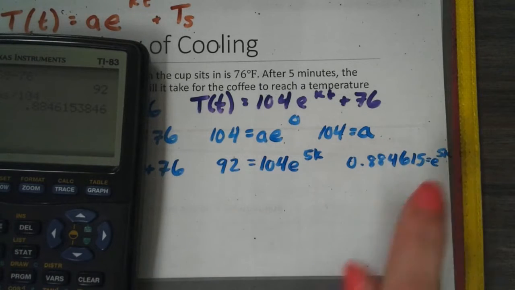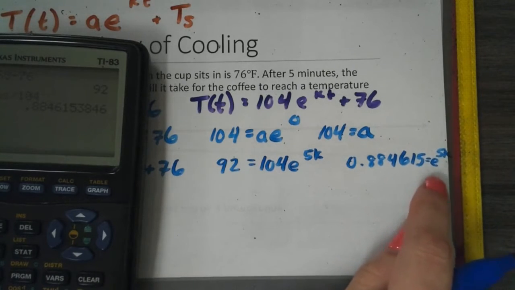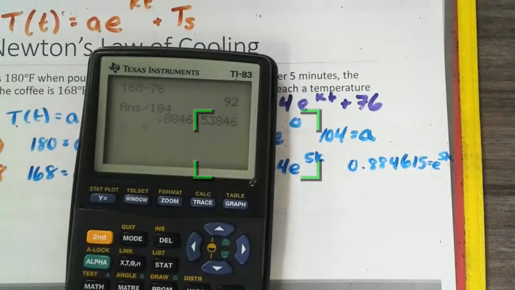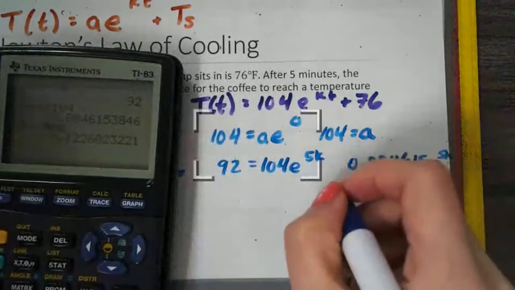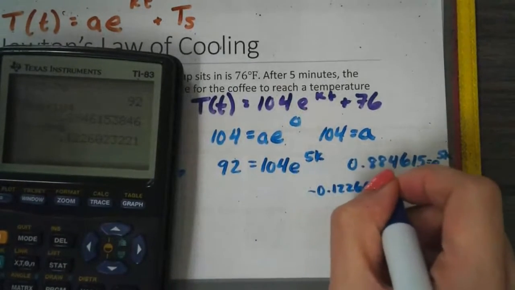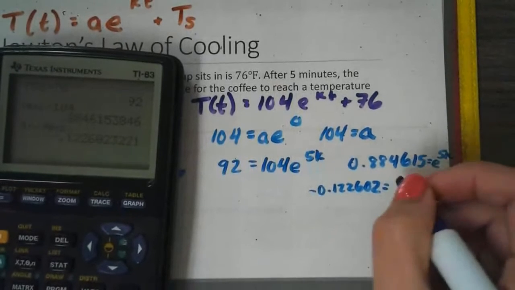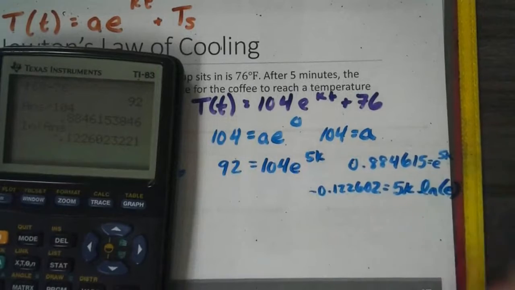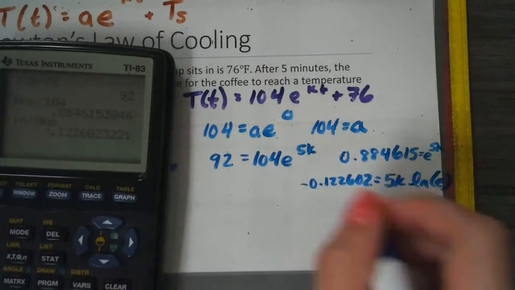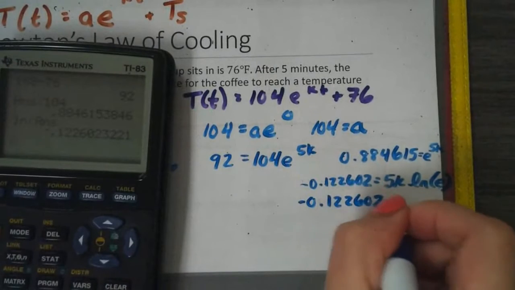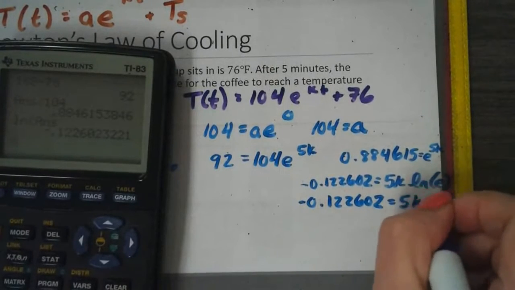If I take the log of both sides, I'm dealing with e, so let's take the natural log of both sides. So the natural log of the left-hand side is equal to negative 0.122602. The natural log of this other side will be 5k times the natural log of e, but we know that the natural log of e is 1, so negative 0.122602 is equal to 5k.